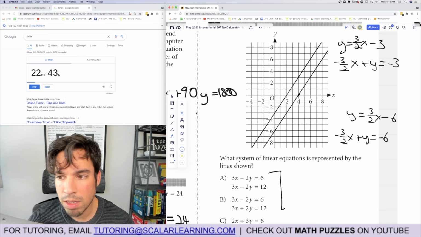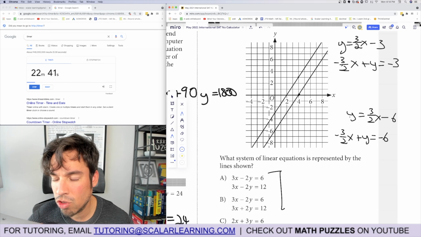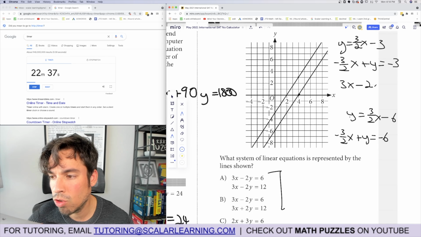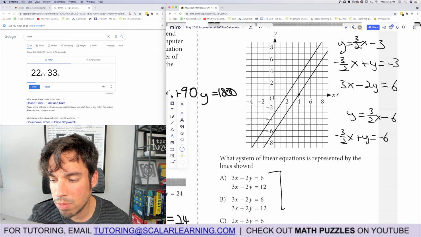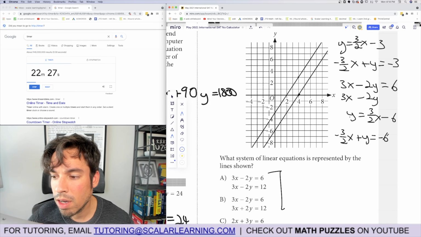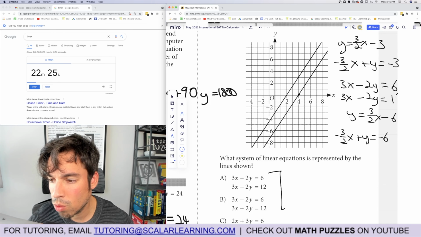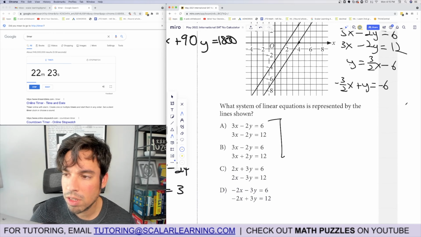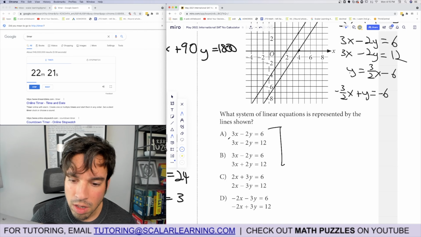Multiply both of these by -2. So it becomes 3x minus 2y equals 6. This one becomes 3x, again I'm multiplying by -2, right? -2 times that is -2y, and -2 times that is +12. So there's my two answers in standard form. 3x minus 2y equals 6, and it's the top one.